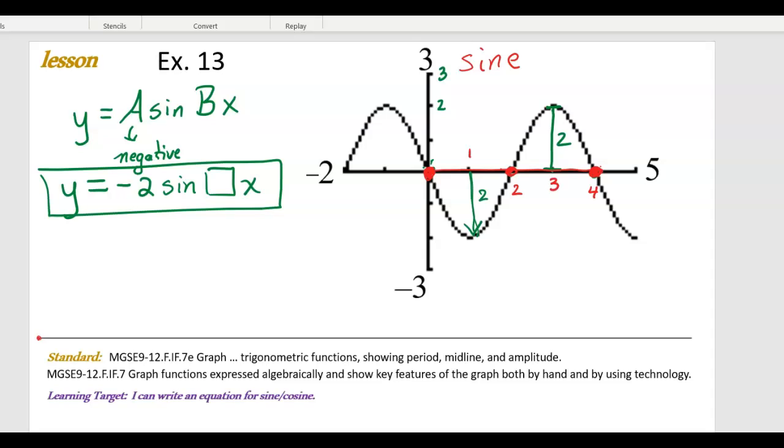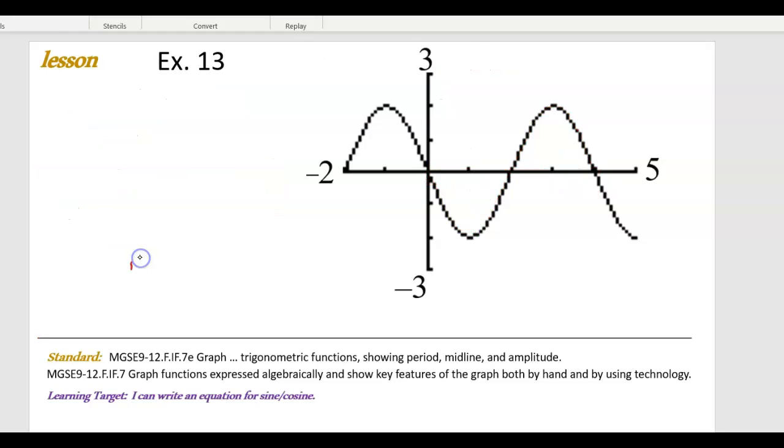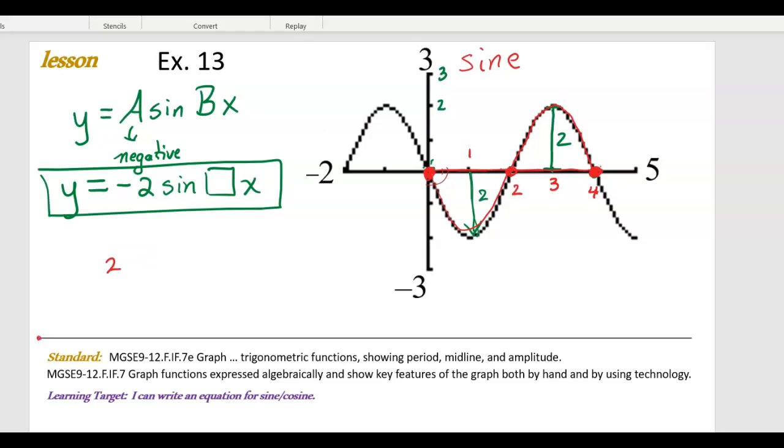So the distance from here at the origin to one full wave is 4, which means the period is 4. So I know 2 pi over b equals 4. So the period is 4.